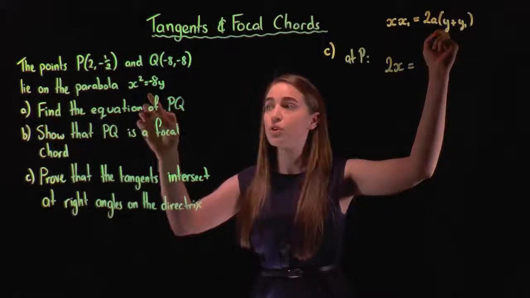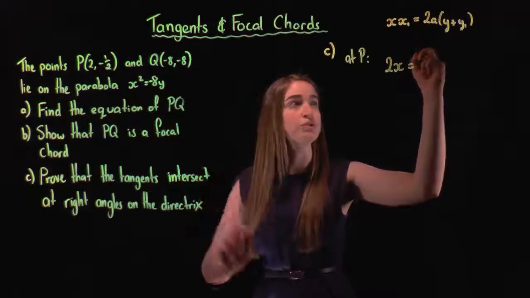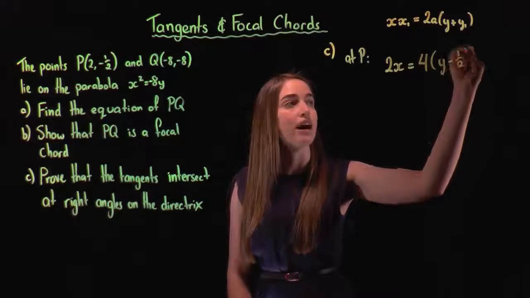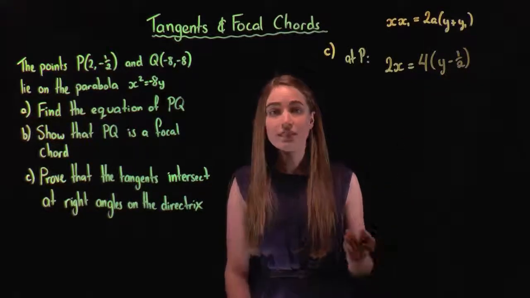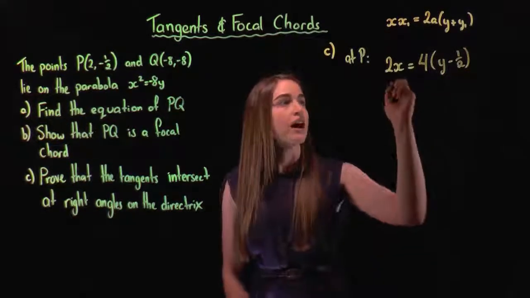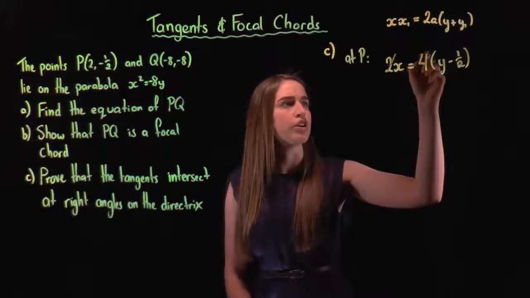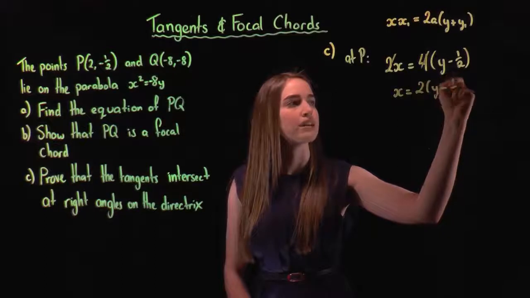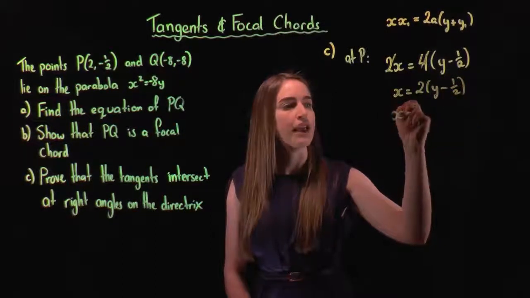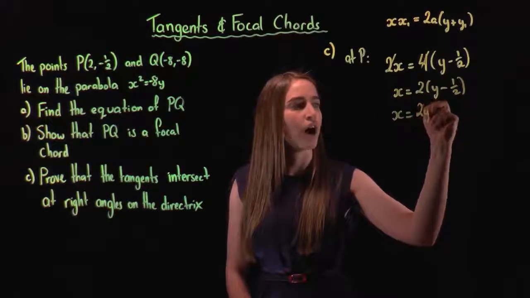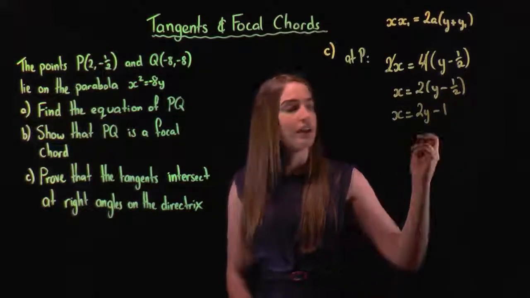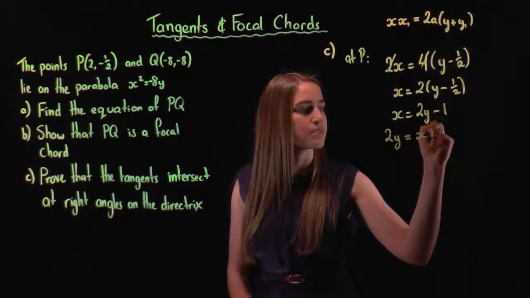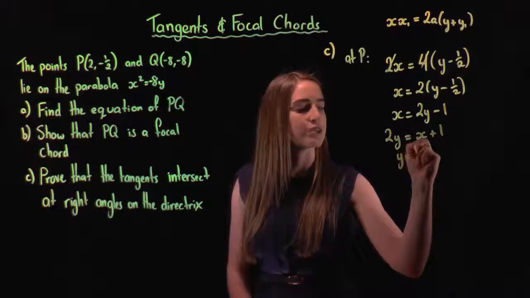Like we figured out before, a is 2, so that becomes 4(y - 1/2). If we rearrange this to make y the subject, I'm going to divide both sides by 2 first. So x = 2(y - 1/2), which means that x = 2y - 1.